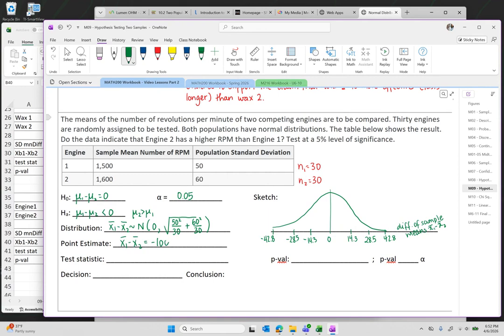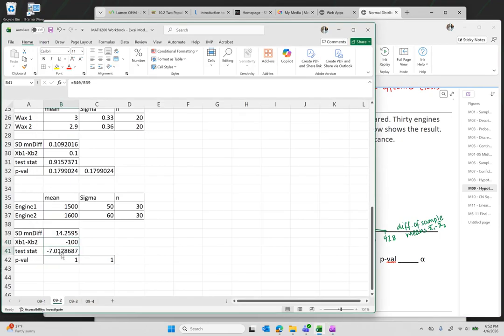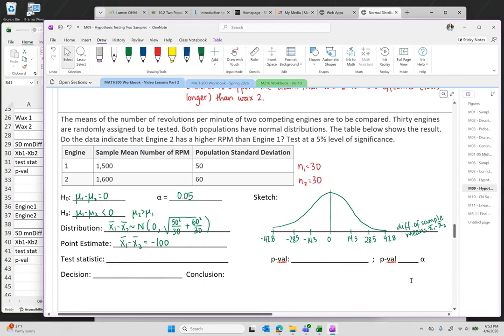It is negative 100. This generates a test statistic that is negative 100 minus 0 divided by the 14.3 or 265 standard deviation. This comes out to be a negative 7. That is negative 100 divided by 14, approximately negative 7.013.